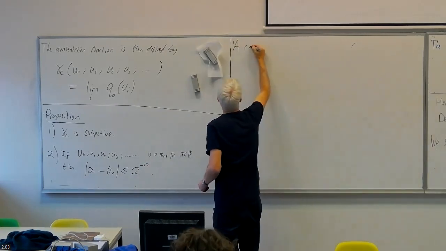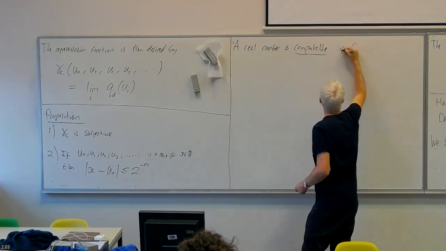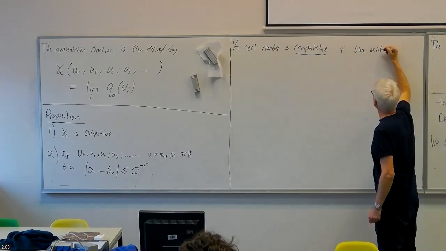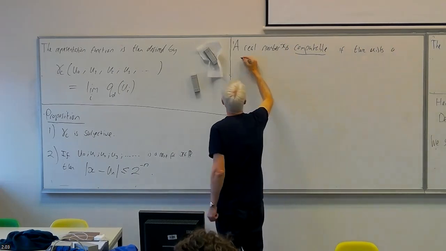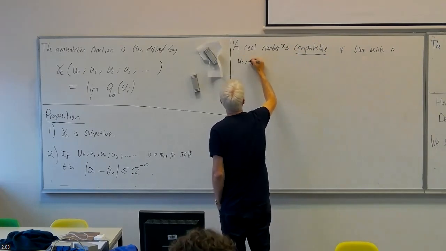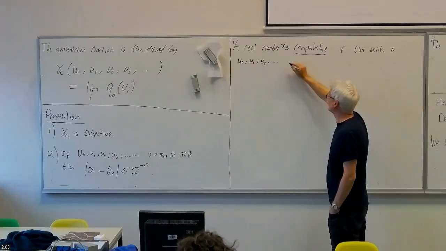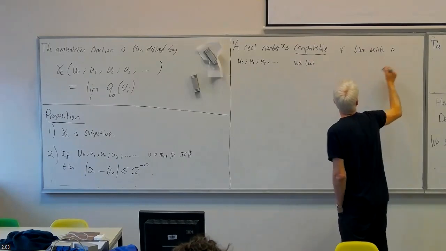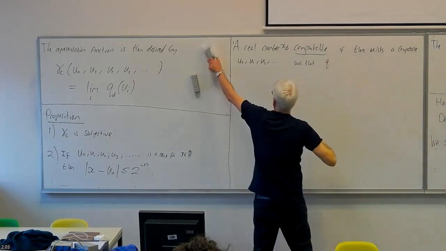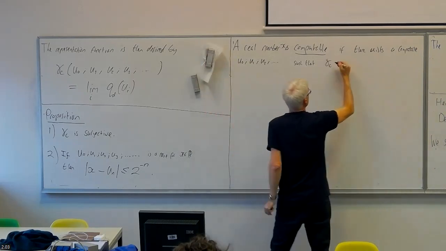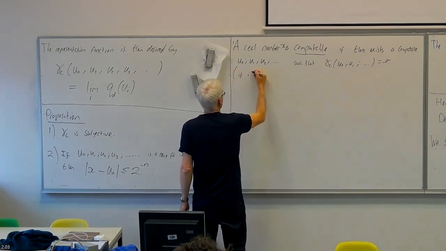So a real number x is computable if there exists a computable name for it, u, such that the interpretation of that name in the Cauchy representation is x. In other words, if it has a computable name.